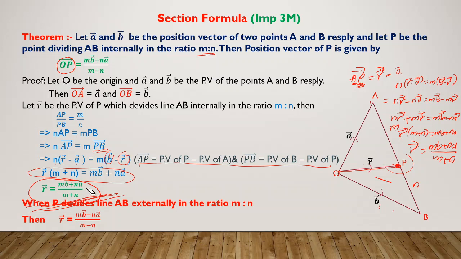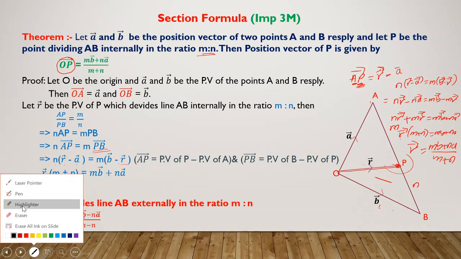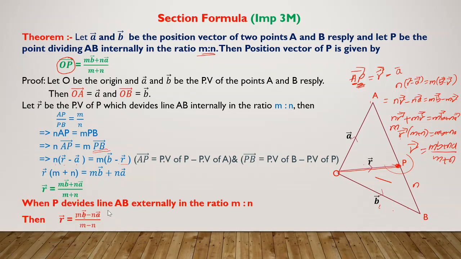Whenever the points are given, when point P divides the vector joining the points AB internally, then the formula is MB plus NA divided by M plus N. When it divides externally, then the formula is vector R is equal to MB minus NA divided by M minus N. So this is the theorem which we are going to conclude.